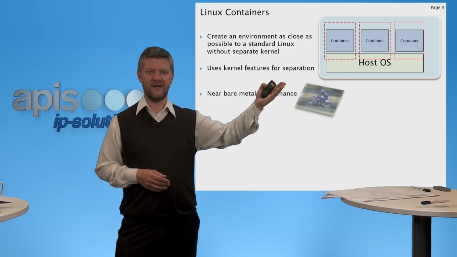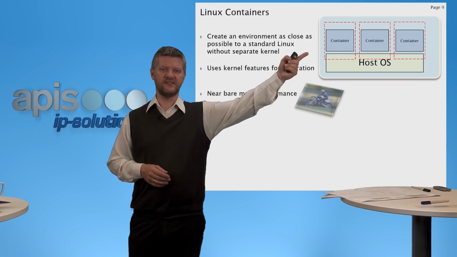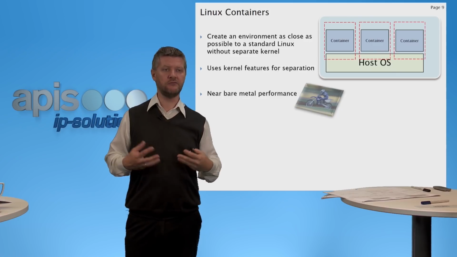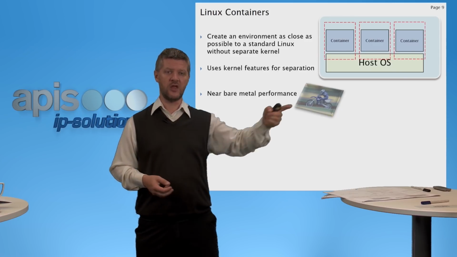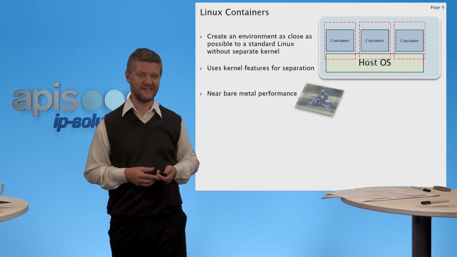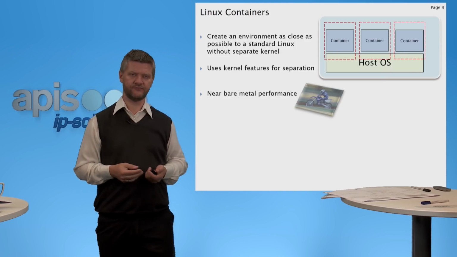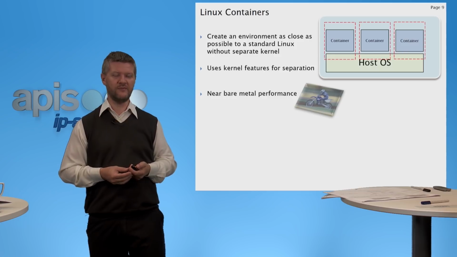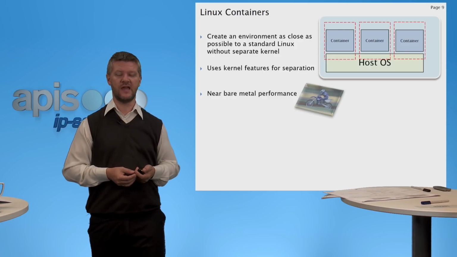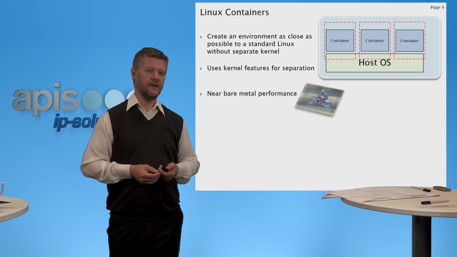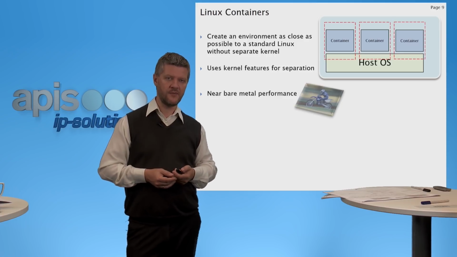Here we don't even have that. The applications in the container talk directly to the real operating system, the only operating system existing in this node, which means we get quicker response, and more primarily very much quicker startup time.